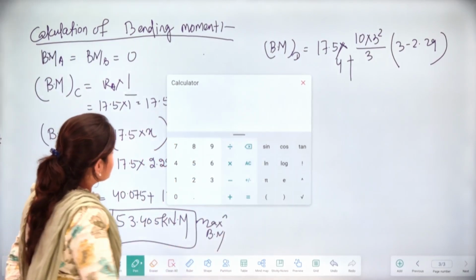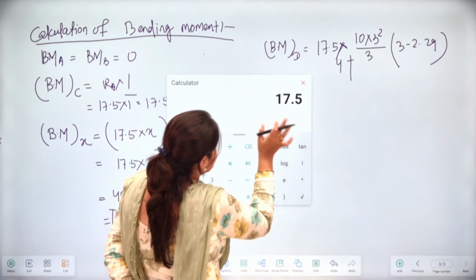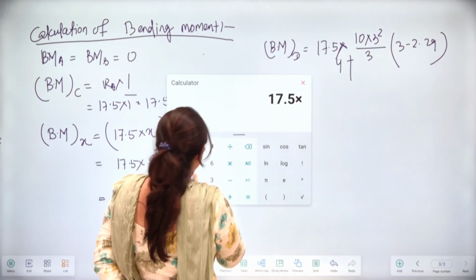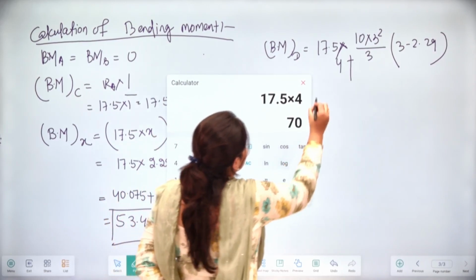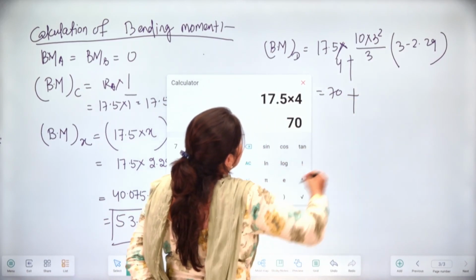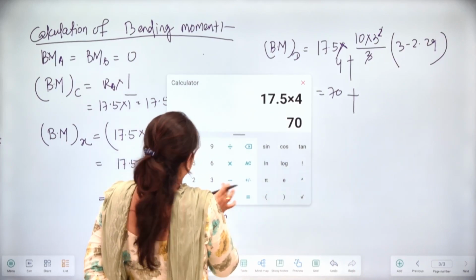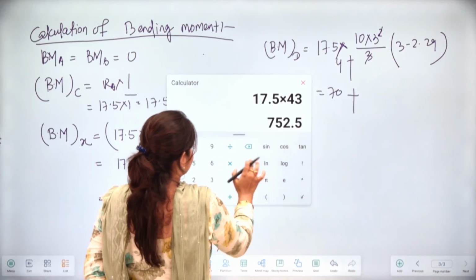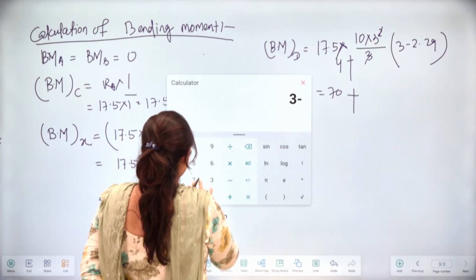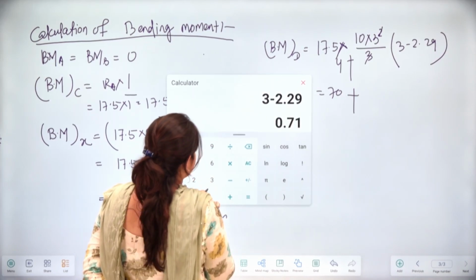17.5 will be multiplied with 4 plus. These calculations are a little bit complicated. You need to find the values properly or else the answers will be wrong. Plus 3 minus 2.29, that is 0.71, will be multiplied with 30.